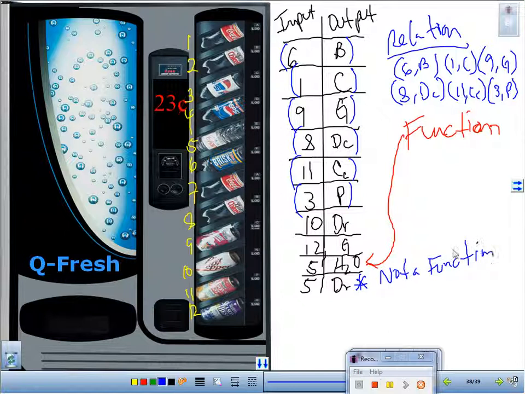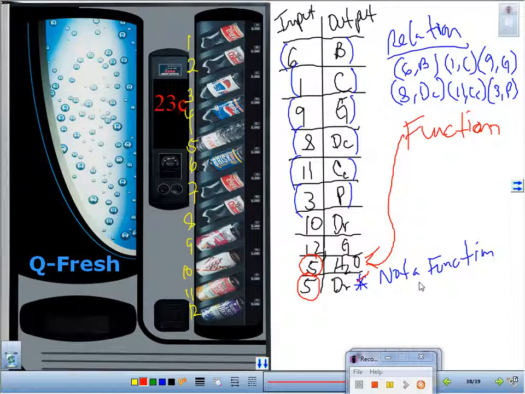So once again, a relation is all these points together, and if it's working properly, that for every input there's an output, then it's a function. But as soon as, everybody look up please, as soon as one of the inputs repeats, if it's not the same output, like here and here, therefore it's not a function.